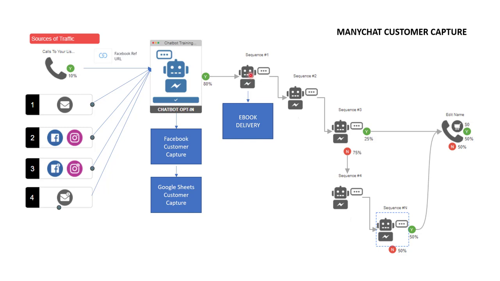You send them one after another, and then intermittently in some of them you ask at strategic points whether they'd like to contact you. And that works just like a web page where you're giving a button that says, would you like to buy it now? And a little later, would you like to buy it now? And a little later, would you like to buy it now? So this is our overall Manychat flow.